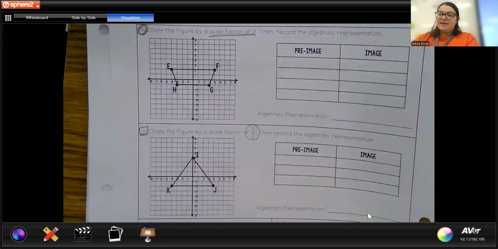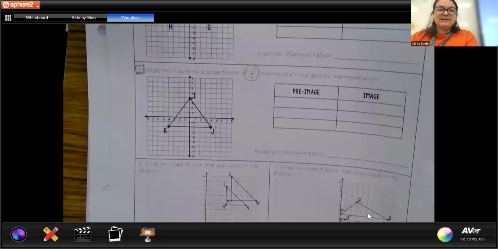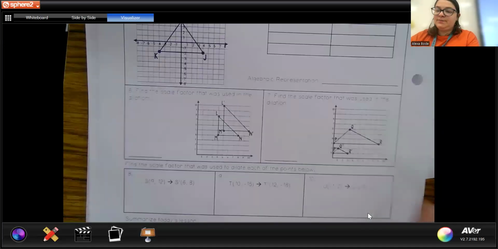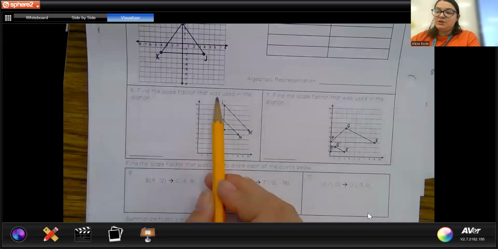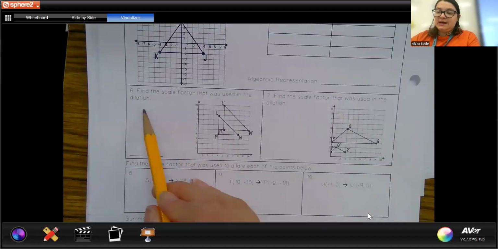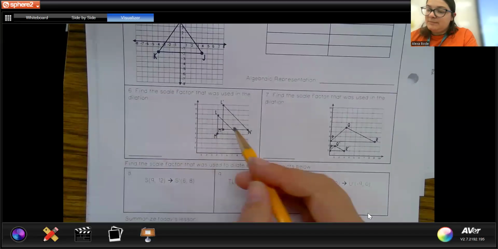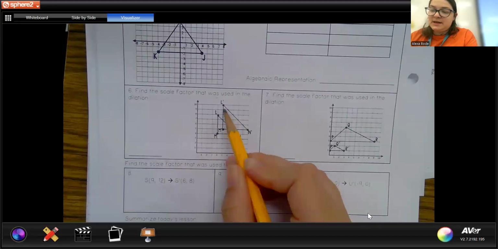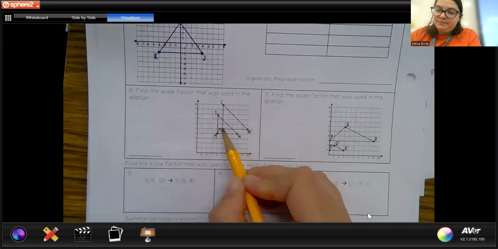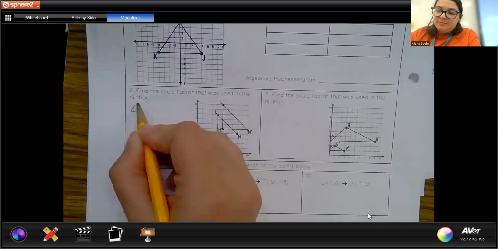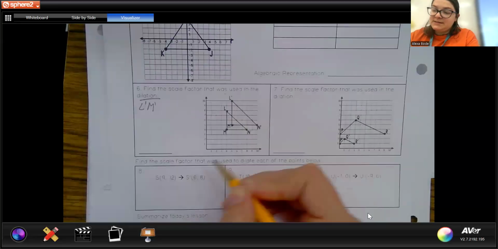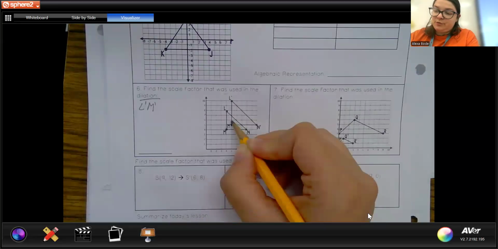Okay? And then I do want to come down here and just practice finding the scale factor real quickly. To find the scale factor that was used in the dilation, I can either use the points or I can use my side lengths. Looking at my new side lengths, M prime L prime, that side length is 1, 2, 3, 4, 5.